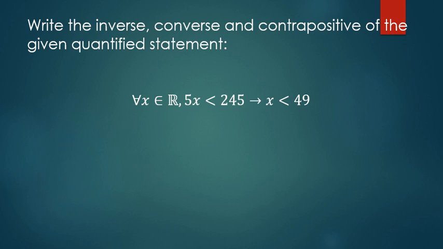Now think back to the previous video when we said that writing the inverse, converse, and contrapositive does not change the quantifier that we use. So our given quantifier was a for all, so that means every one of these three answers that we're looking for is going to contain the for all x in R piece.